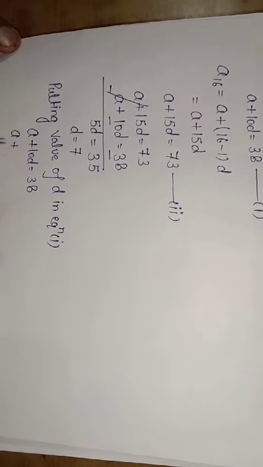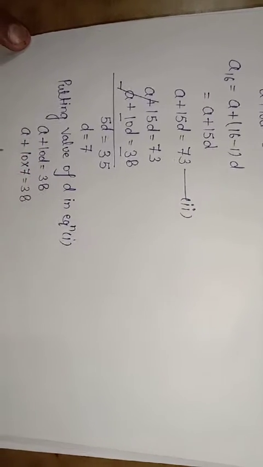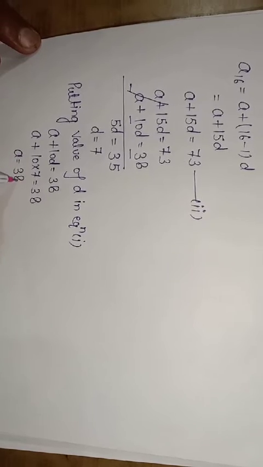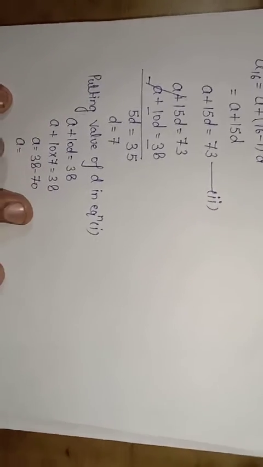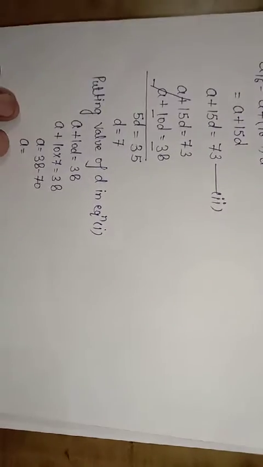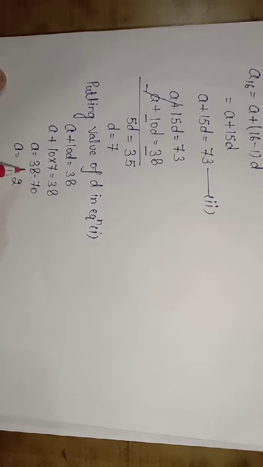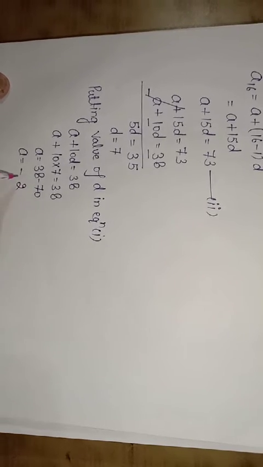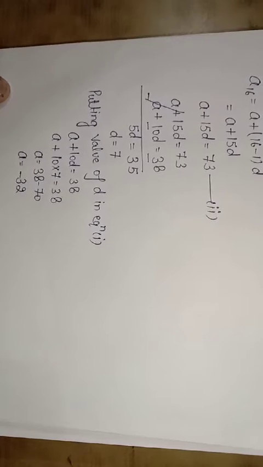So A plus 10 into 7 equals 38. A equals 38 minus 70, A equals minus 32. So the first term of the AP is minus 32.